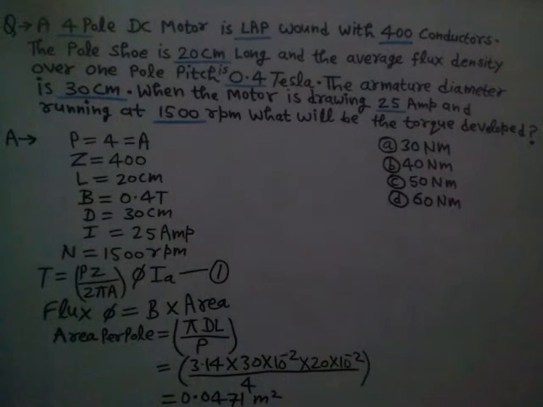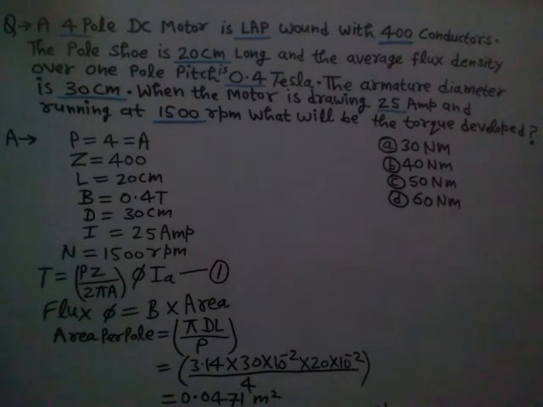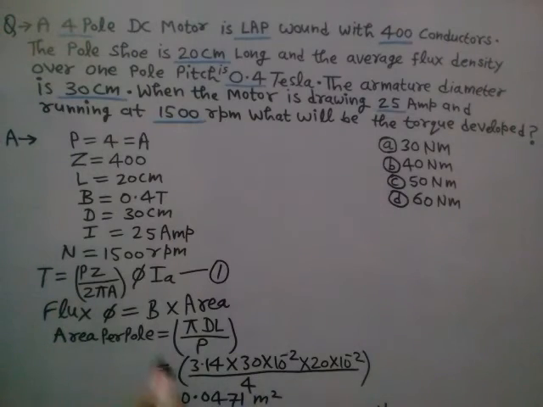So 0.4 into 0.0471 will be the flux, and that will be equal to 0.01884. Unit is Weber. So that is a flux. So now we have calculated all the values. Flux was not known to us, flux we have calculated now.